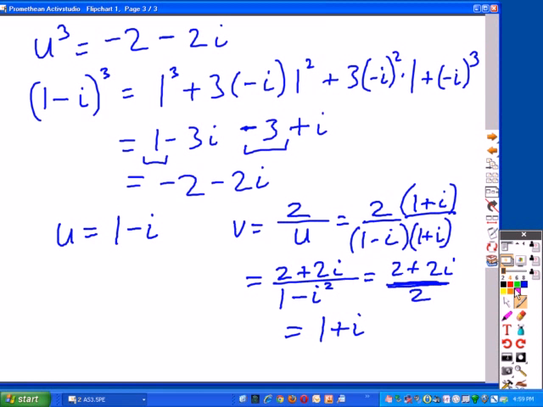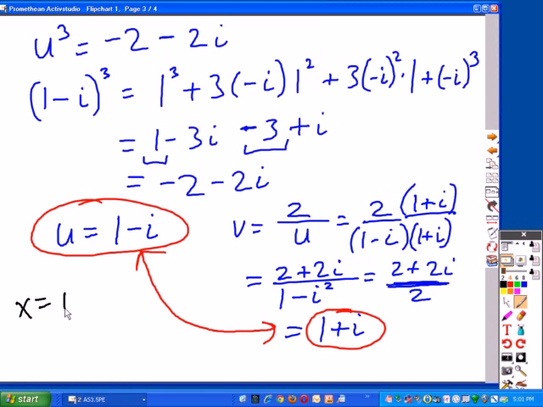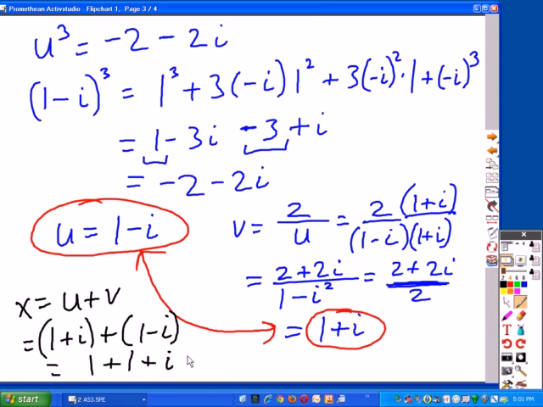That's for v. What do we know? That x has to equal u plus v. That was the substitution that we made. So that would be 1 plus i plus 1 minus i, which is 1 plus 1 plus i minus i, which is equal to 2.